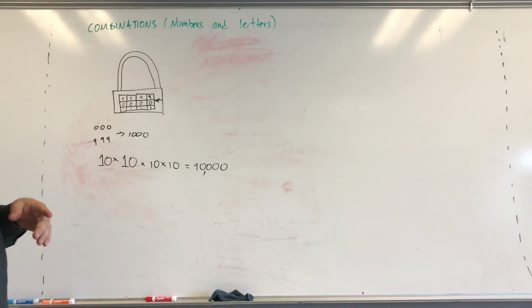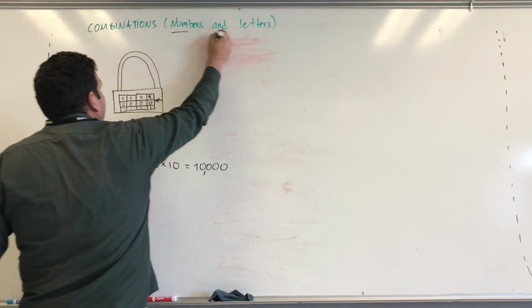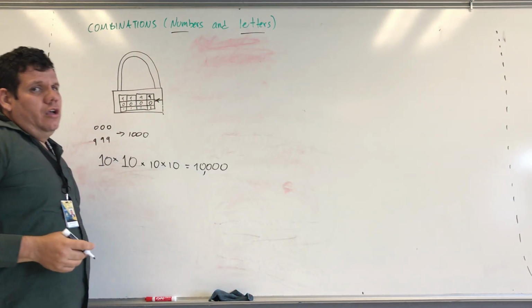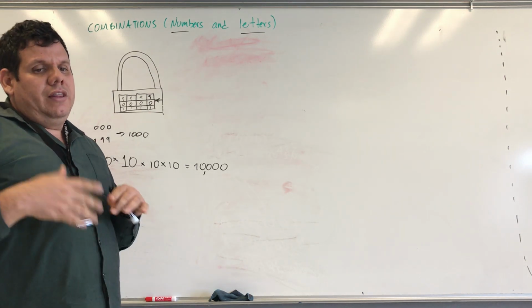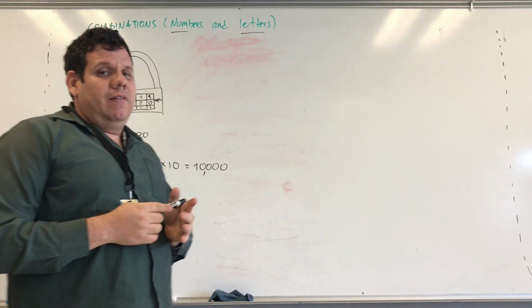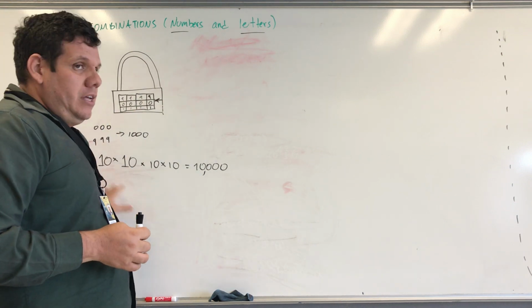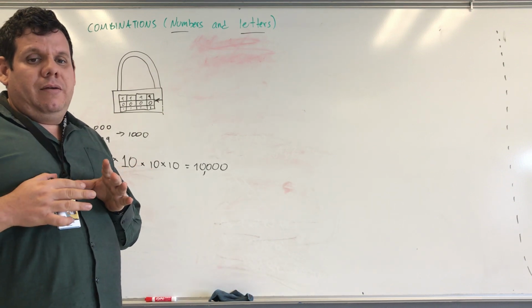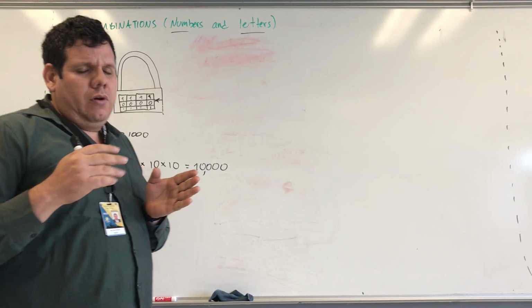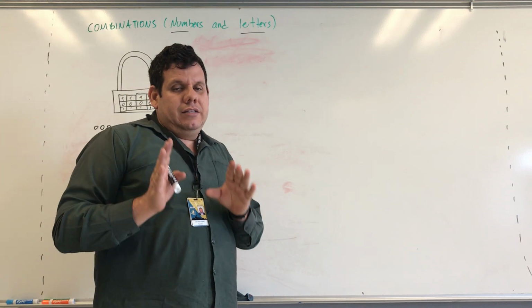But our combinations are not limited just to numbers. We also have letters. Do you know any way that we can apply this to real-life problems? The number combinations in safety padlocks, or whatever you need to keep your stuff safe.